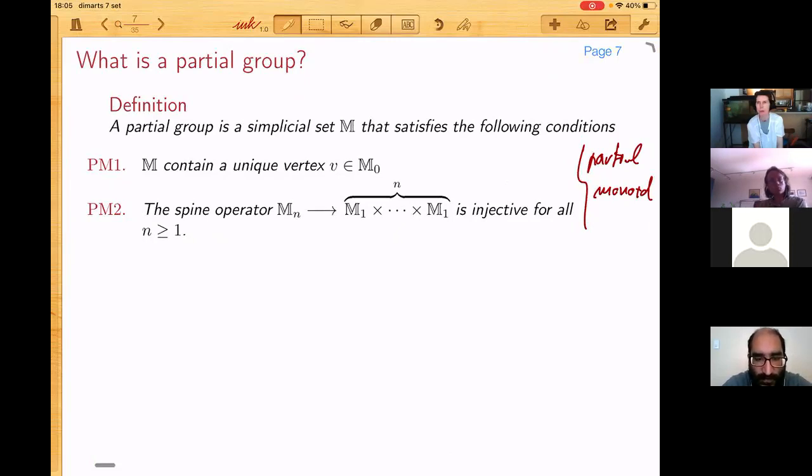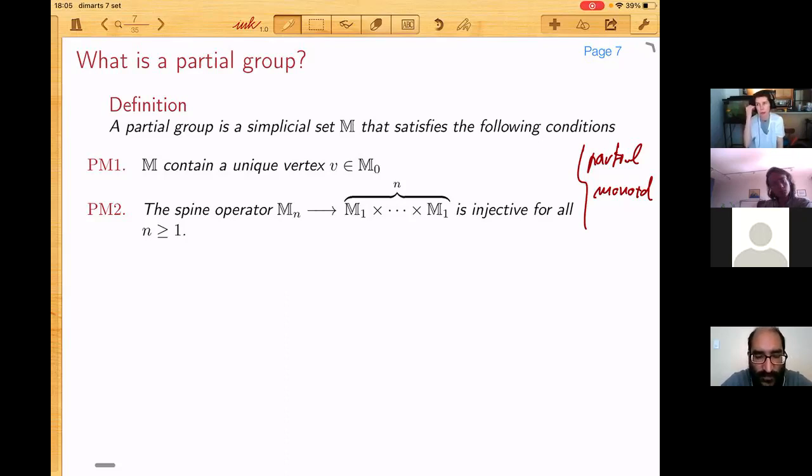That's the first axiom. And the second axiom is that the spine operator is injective for all n bigger than or equal to 2. By a spine operator, I mean the first n edges of an n-simplex.